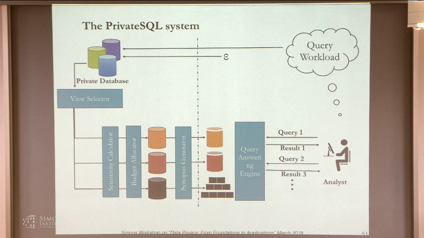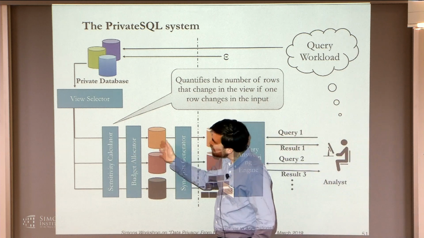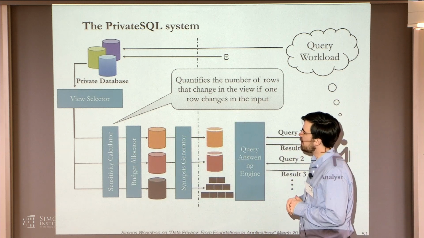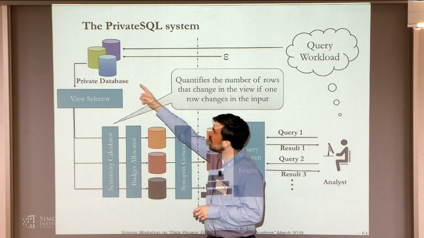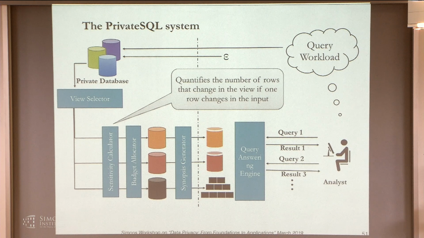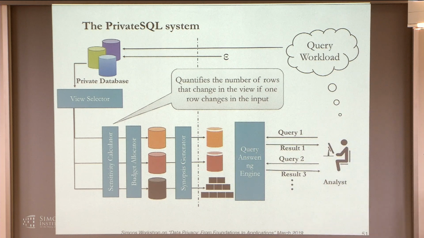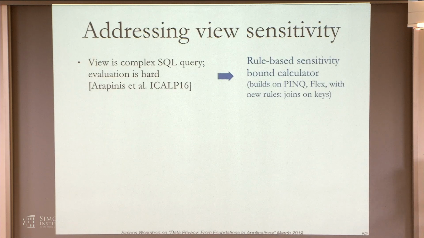One of the most interesting things is the sensitivity calculator, which is about how a change to the original source data could propagate and become a change to these views. This has already come up a fair bit in the talk. This is a very complicated problem, and I want to highlight a few aspects of it.